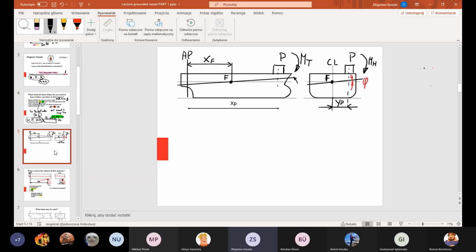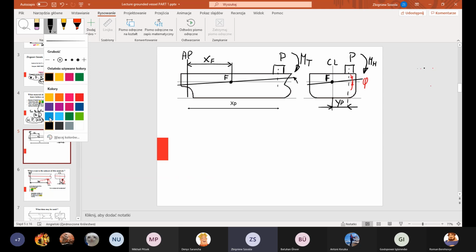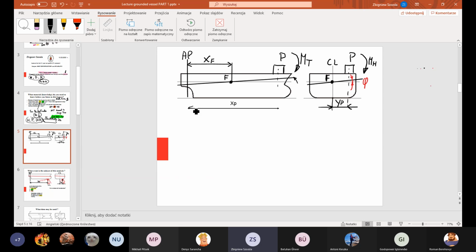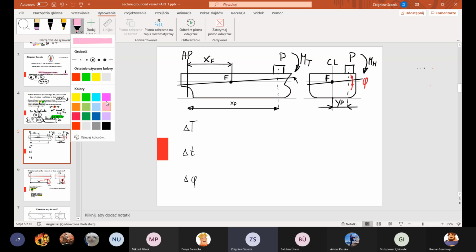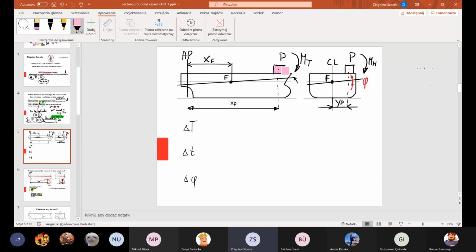And the last step of our refreshment is we need to define methods, in terms of formulas, how to calculate change of mean draft, change of trim, and change of the angle of heel if a weight, like this one, has been loaded on board the ship in a known position.